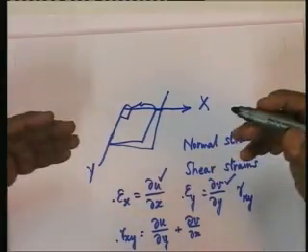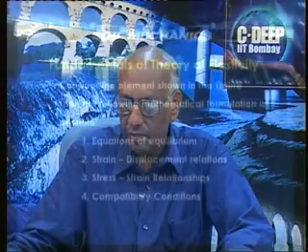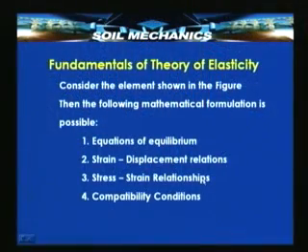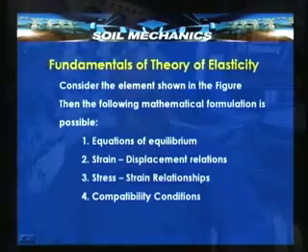Similarly, this can be extrapolated to 3 dimensions, and if we know the displacement w in the z direction, we will be in a position to compute the shear strains in the other directions and also the normal strain epsilon z. Similarly, we will also be seeing in the next class how to compute stress strain relationships and how to define a set of equations or a set of conditions known as the compatibility conditions.